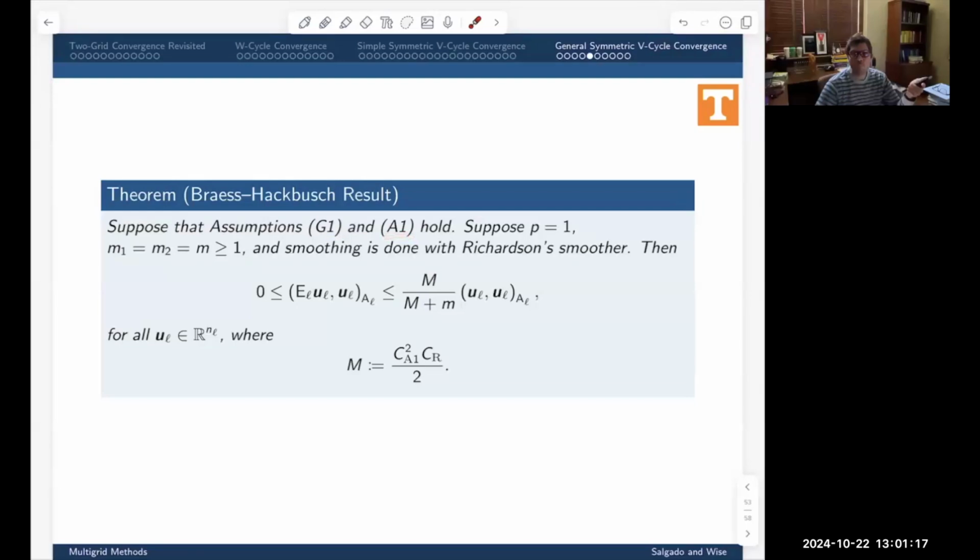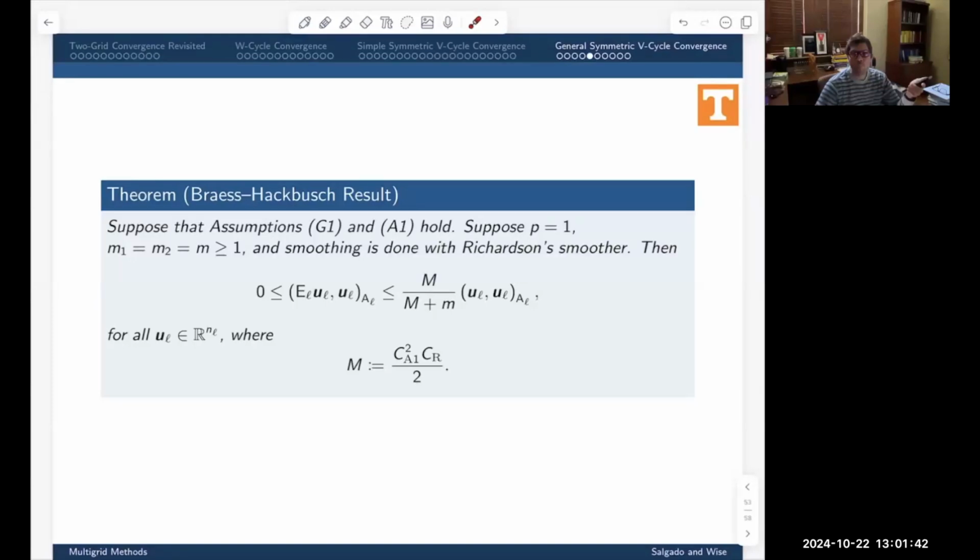It turns out we don't need the strong approximation or the strong Galerkin condition, but if you want to replace these by the strong Galerkin condition and the strong approximation property A0, then since those results are stronger than either of these two, the same result is still going to hold.